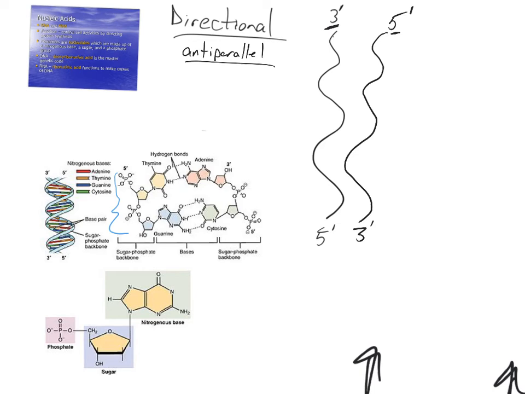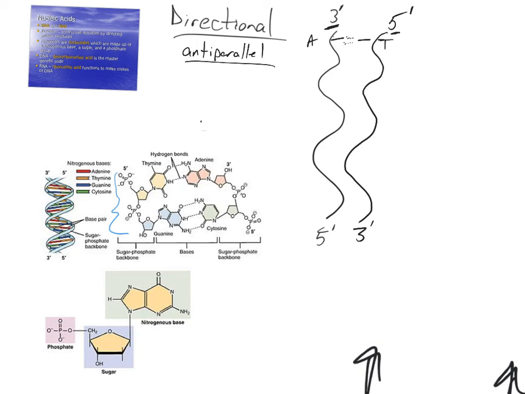As you come off of here, let's say this one is adenine and this one over here is thymine. A and T form two hydrogen bonds with each other.